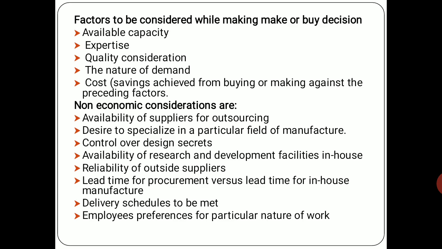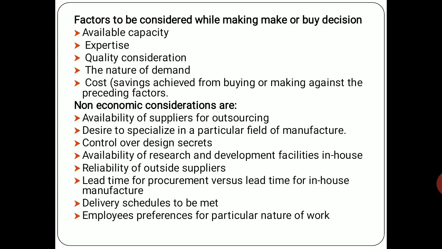Then at that time he would not get things from outside, rather he would prepare it at home, that is said to be in-house. Control over design secrets, as I told you, he wants to keep the designs with him, confidential, so he will not disclose it or share it with his suppliers. Availability of research and development facilities: everything is available in-house, so why depend on outsourced material?